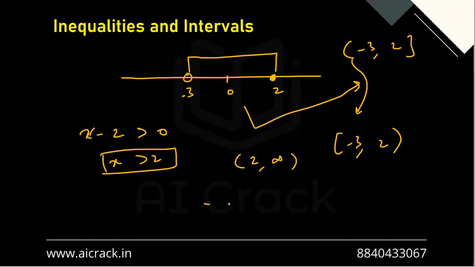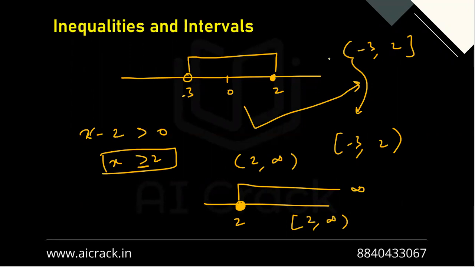And if I want to plot it on the number line, I'll do it like this. This is 2 with an open circle because 2 is not included, and it goes till infinity, right? Now if I mark greater than or equal to over here, in that case I'll use a closed circle because 2 is included, and in terms of bracket I'll write [2, ∞), right? So this is the basic refresher about inequalities and intervals.